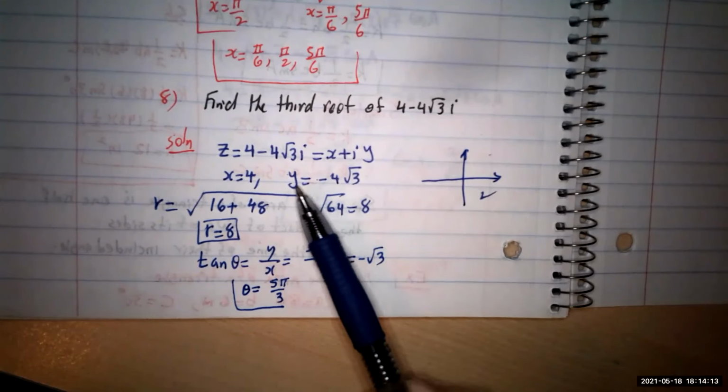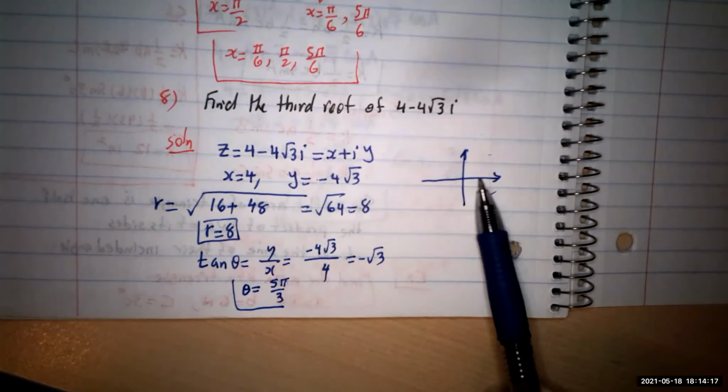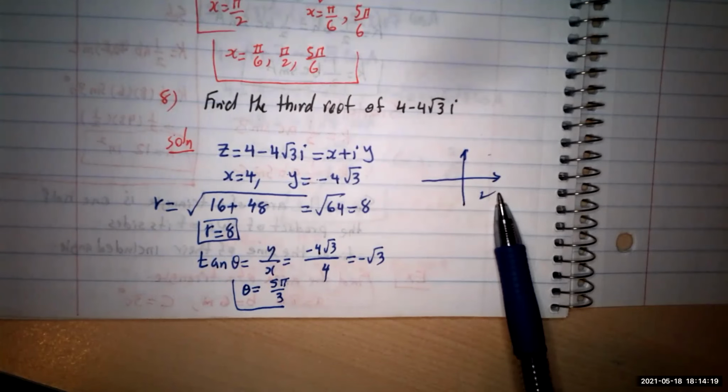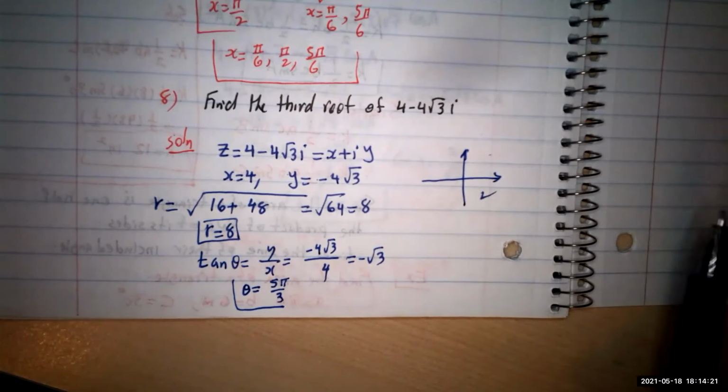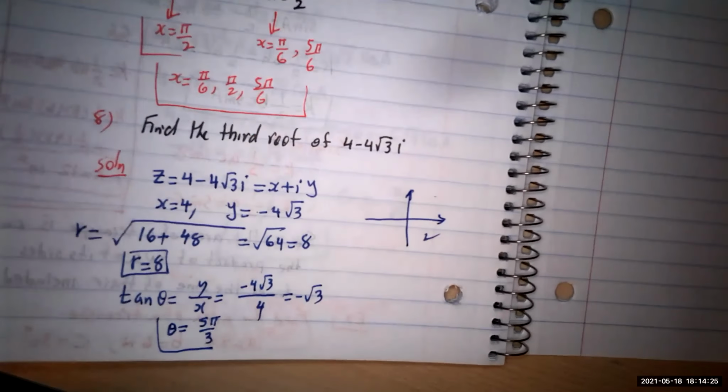But the point is 4 and negative 4 radical 3, so this is the case that you're going to have. So you have to take theta to be 5 pi over 3. Any question?